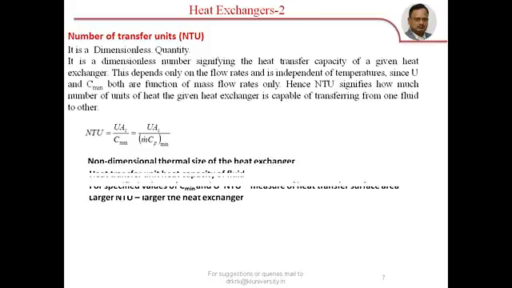It is a non-dimensional thermal size of the heat exchanger and heat transfer unit heat capacity of the fluid for specified values of C minimum and U. NTU measures the heat transfer surface area. Larger the number of transfer units means larger the heat exchanger, because NTU is UA by C minimum; if NTU is high, area is also high.